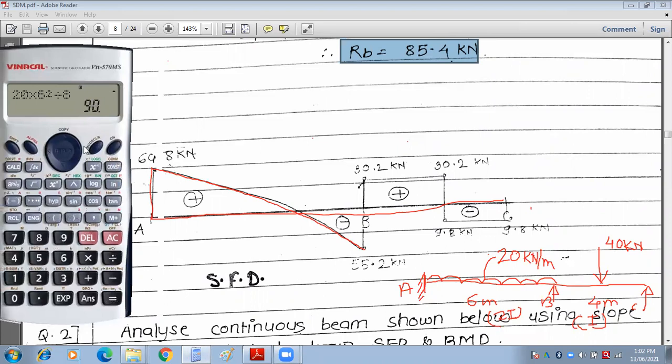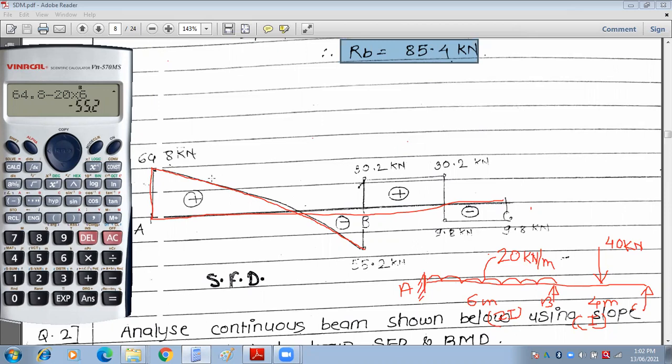Now let us see this: 64.8 minus UDL of 20 into 6, this one is minus 55.2.